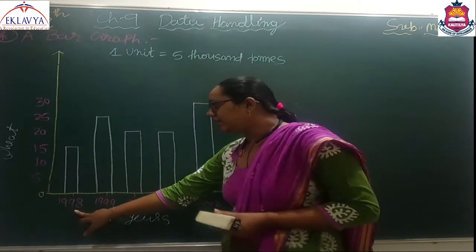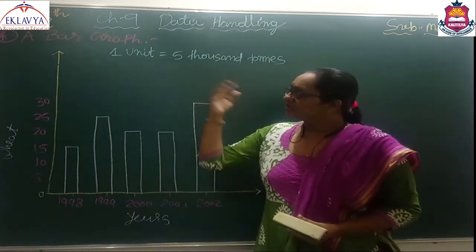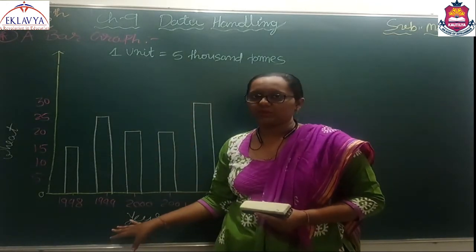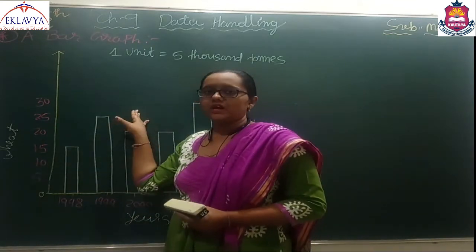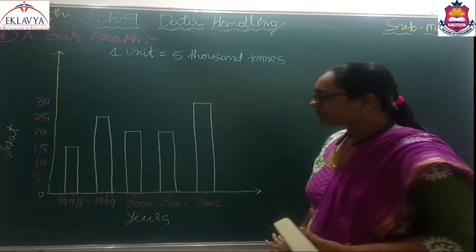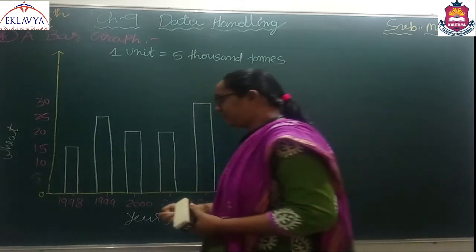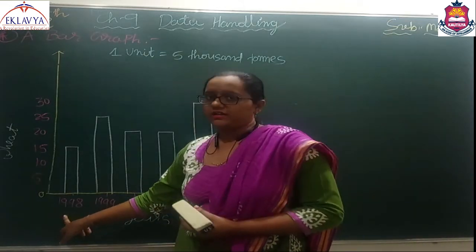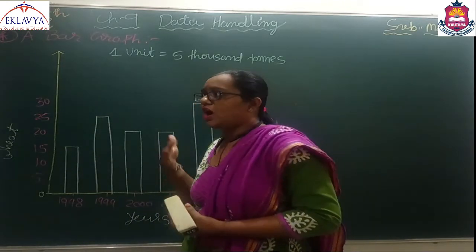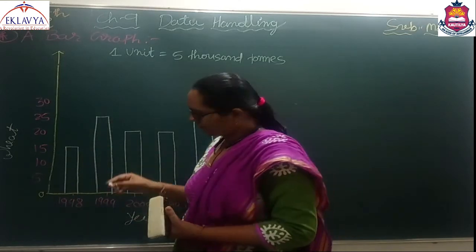Now which type of questions will come regarding a bar graph? The data will be given, and from this data or graph you have to answer the question. For example, in 1998 how much quantity does the government purchase? या फिर how many tons does the government purchase, ऐसा question आता है, so what will be your answer?